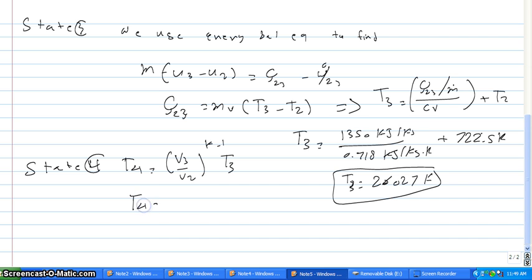So T4 equals (1 over 9) to the power of 1.4 minus 1, multiplied by 2602.7, which is equal to 1080.8 Kelvin. So now we have all the temperatures in each state.